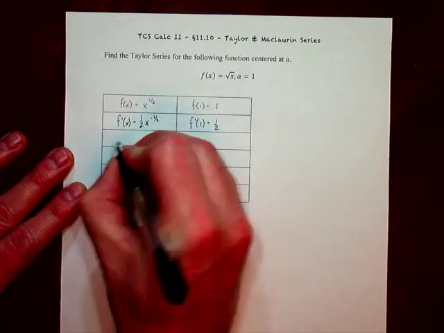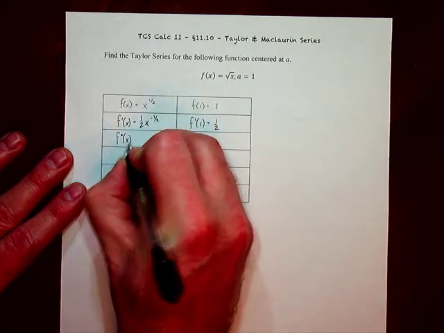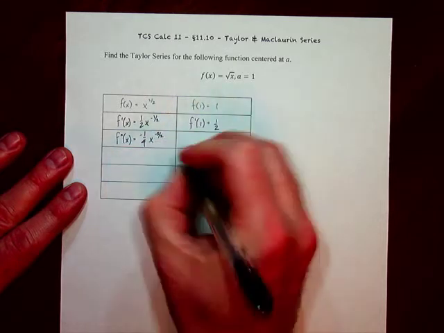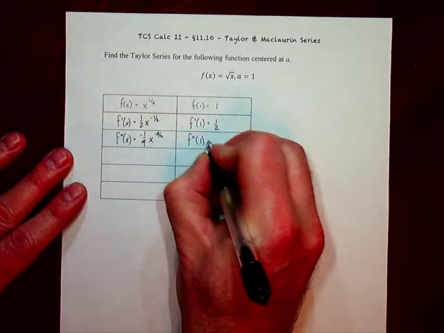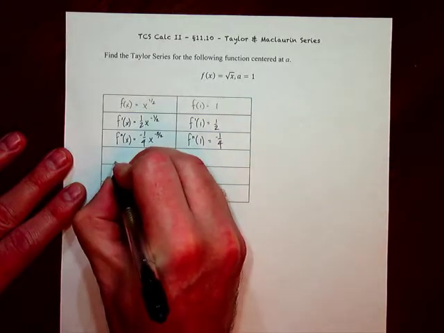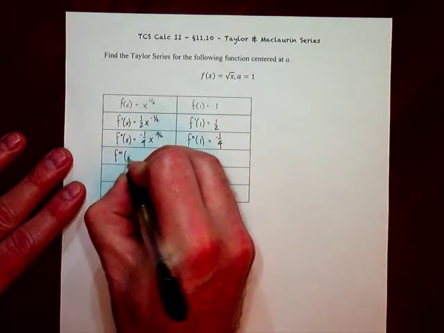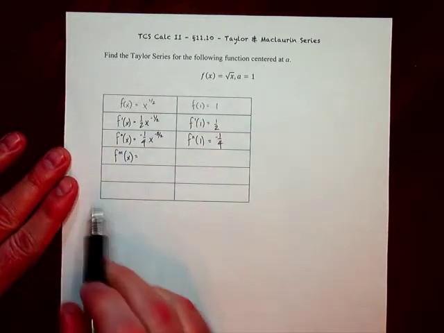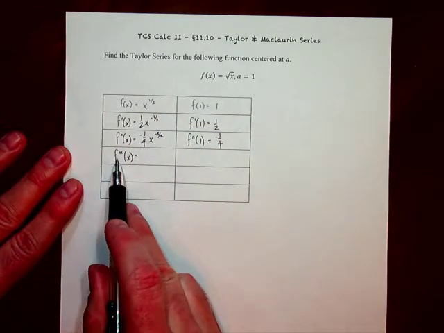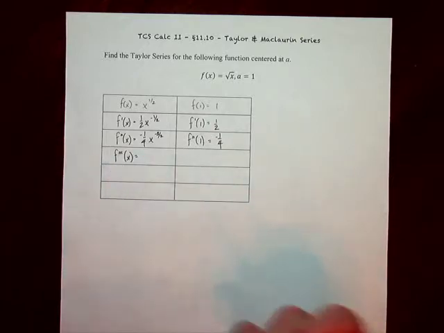So that's 1/2. You get f double prime of x. You get negative 1/4 x to the negative 3/2, and f double prime of 1 is going to be, guess what? Negative 1/4. You get f triple prime of x, and it's sort of a toss-up as to when you start putting it as a parenthetical number. Sometimes I do it at 3, sometimes I do it at 4.